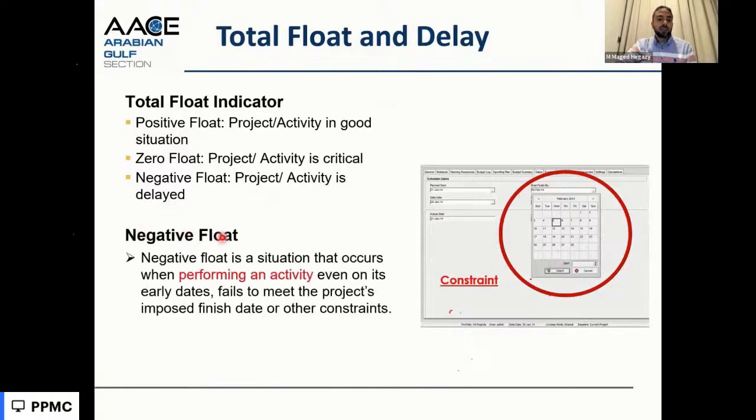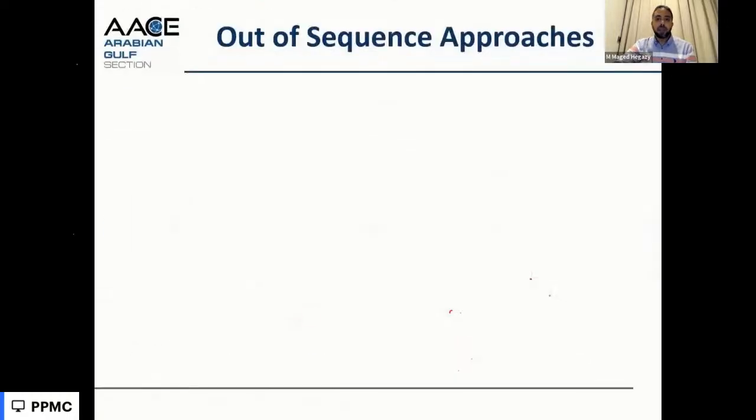So this negative float indicates there is delay on the activity, and these activities fail to achieve the late finish dates. As we said, there are early and late finish dates, so if it's not achieving the late finish date, we will have negative total float with the delay of the activity.